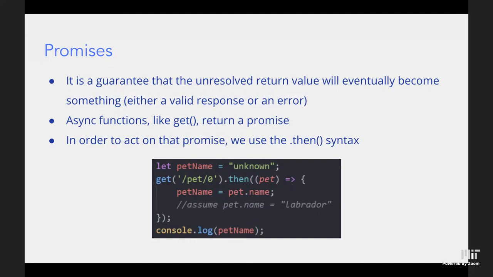It's either going to be a valid response, which is what we want, or it might end up being an error. But it's telling our code, hey, at some point, this is going to happen. It's either going to be valid or it's going to be an error. And asynchronous functions like get all return a promise. And in order to act on that promise, we use the .then syntax, which we're going to be walking through next.